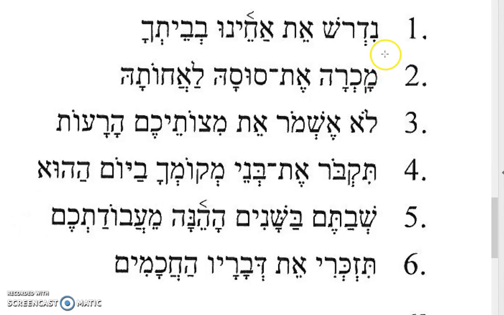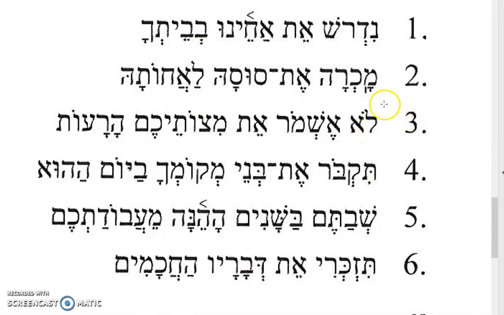And the meaning of that is, well, this is a qal imperfect, first common plural. We will seek, and then et, direct object marker, and then achenu, that would be our brothers. V'veitecha would be in the house, in your house. We will seek our brothers in your house.